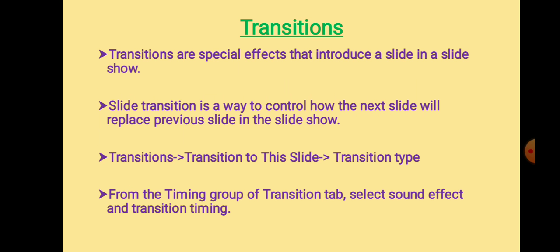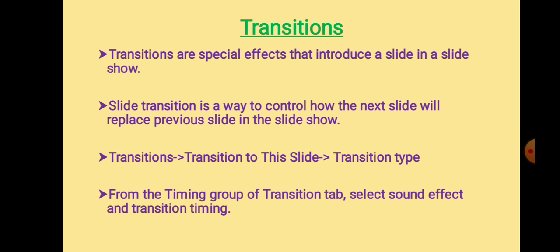Next one is transitions. What are transitions? Transitions are special effects that introduce a slide in a slideshow. When a new slide is introduced in a presentation, the way it is introduced is called a transition.